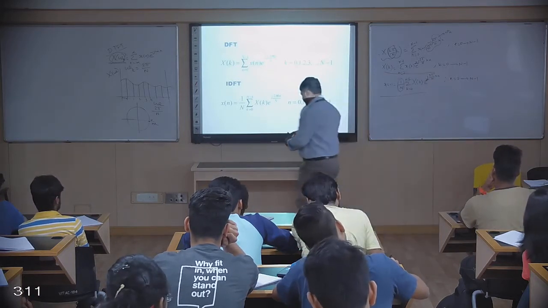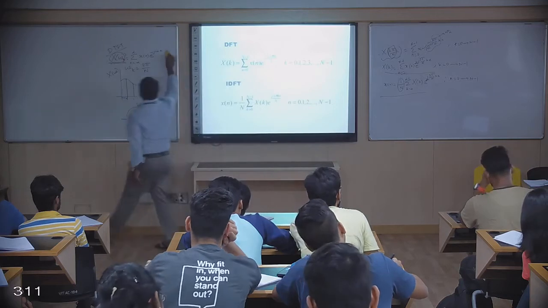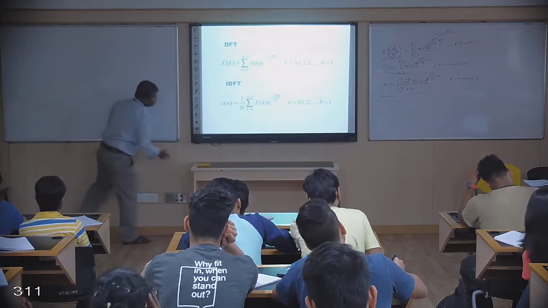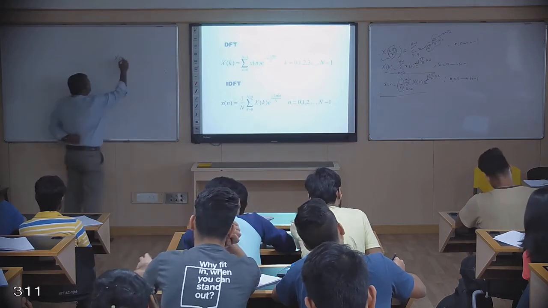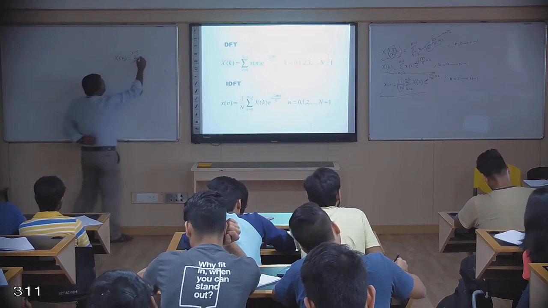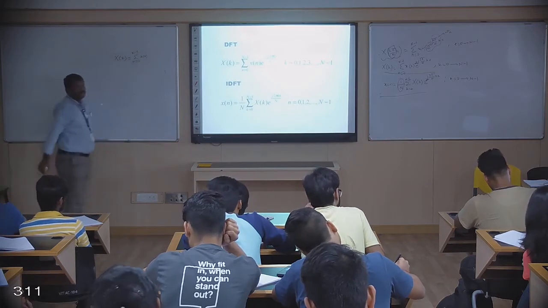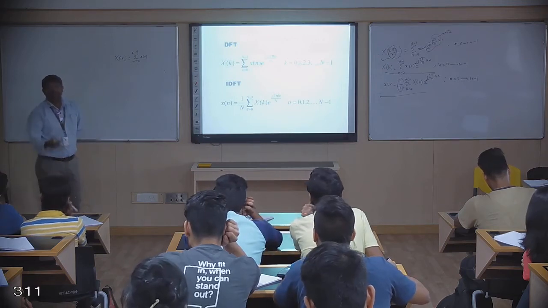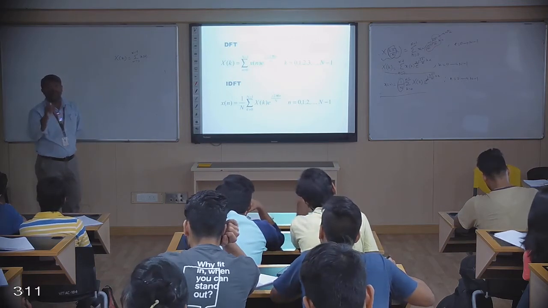So in that, the summation of n from 0 to N minus 1 of x of n, in place of that exponential term, I'm going to introduce another factor called the weight matrix.